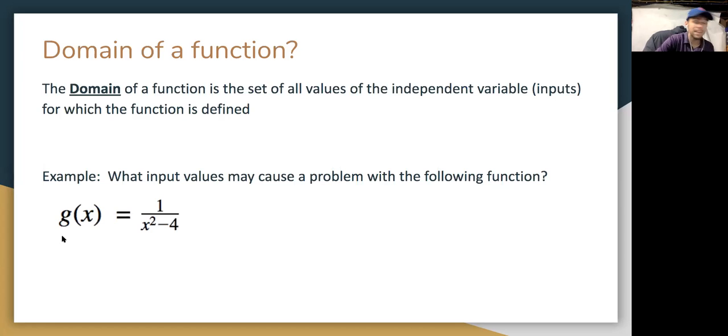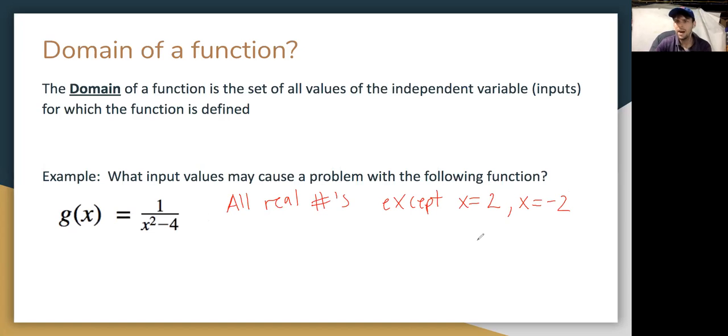There are many ways that domains can be talked about. They can be written out formally or not. So we might say something like all real numbers except x equals 2 and x equals -2.